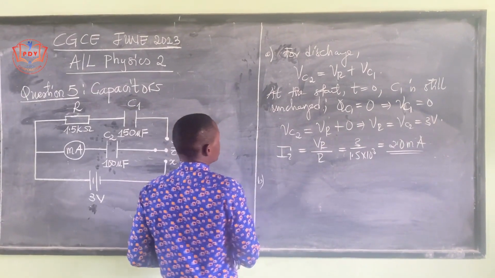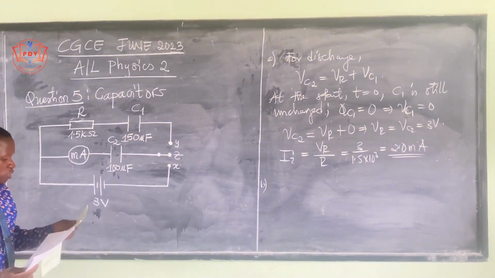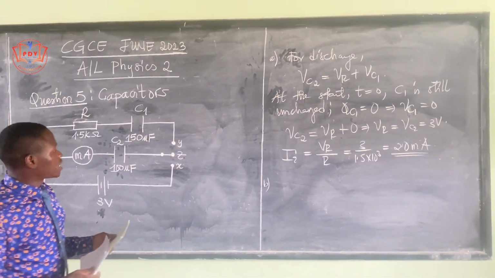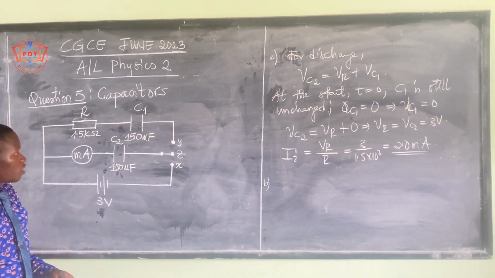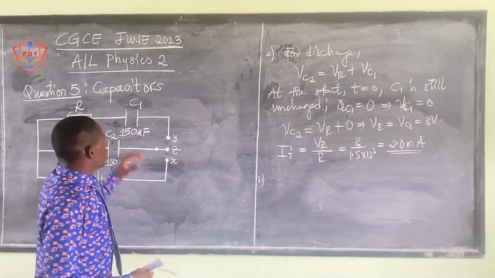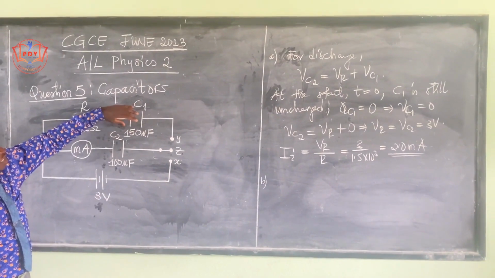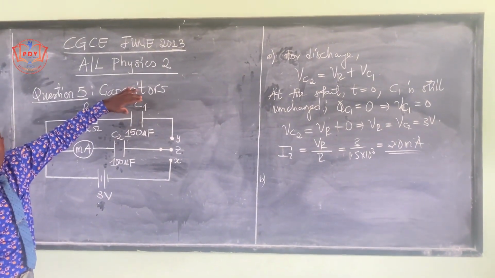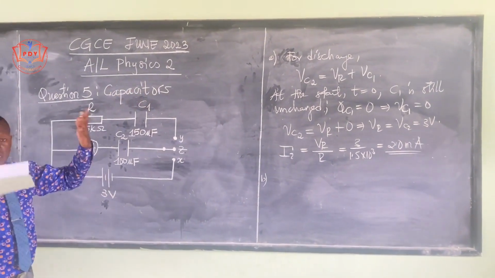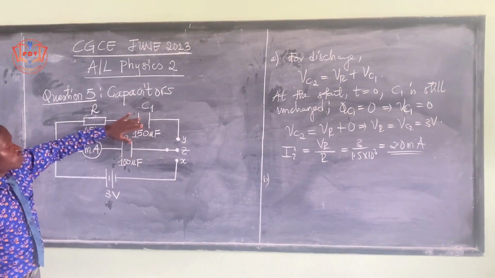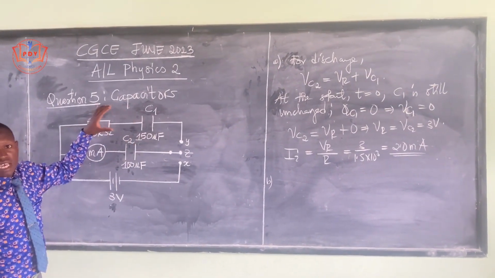Then the second part says that we should determine the maximum charge which can be stored in C1. So what we need to understand here is that as C1 is charging, the charge on it is increasing. At maximum charge, the current in the circuit becomes 0.